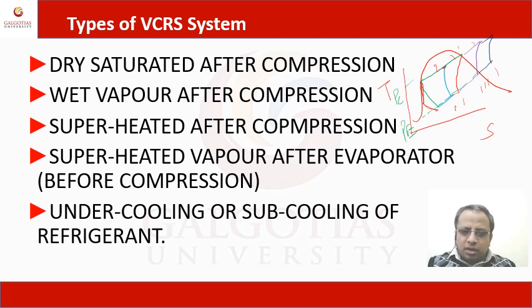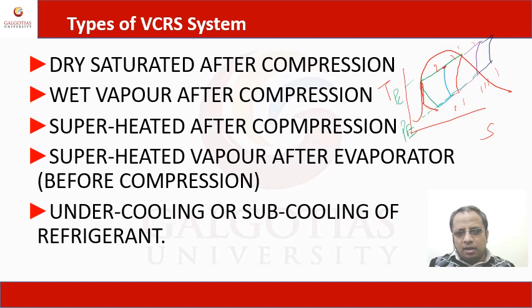Now if the compression ratio is more, pressure is more, temperature is more, so that the vapor achieves the dry condition, and this compression process is terminated at the vapor dome. So we can say this is the dry vapor after compression condition. So wet compression, then dry compression.